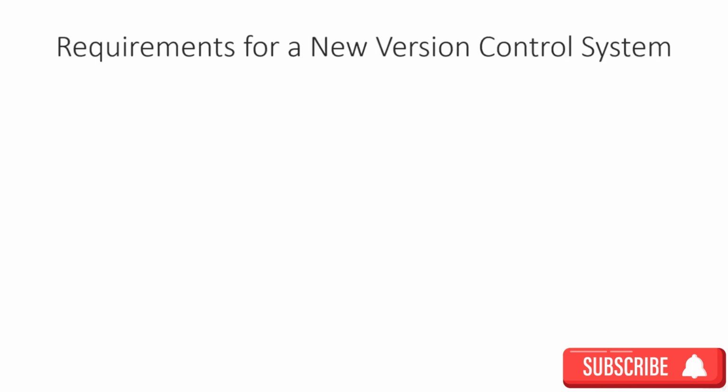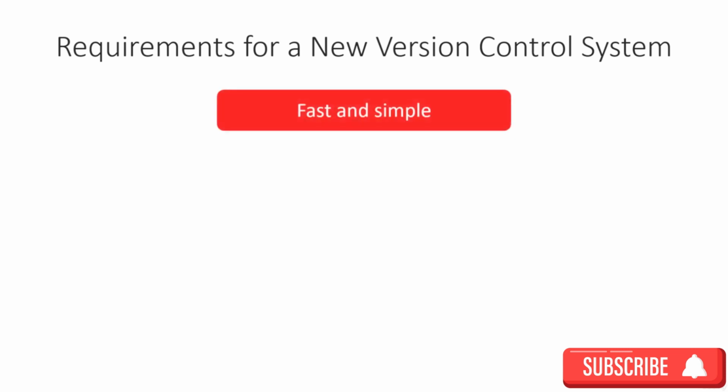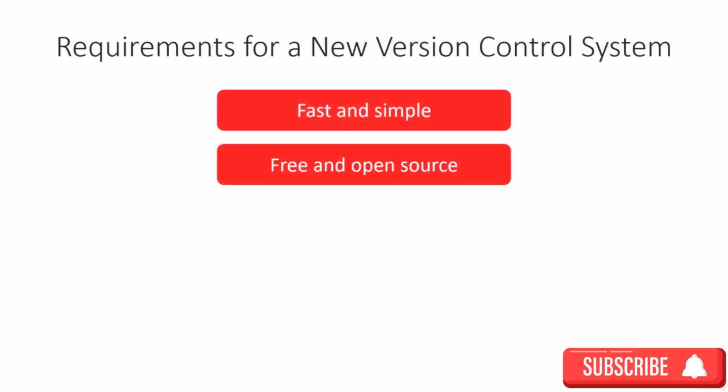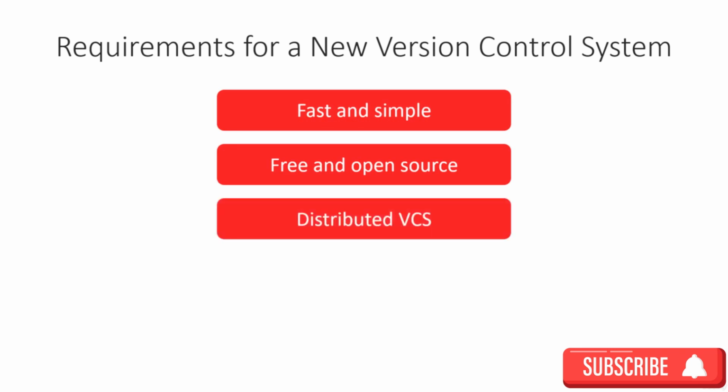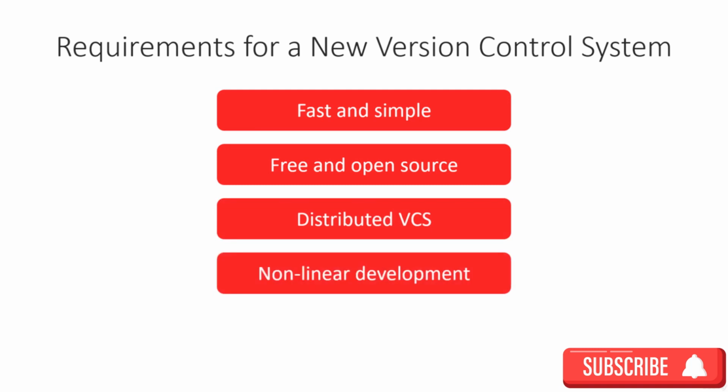And so he and the Linux community came up with some requirements for that new version control system. It should be fast and also simple. It should be free and open source. It should be a distributed version control system, and it should allow strong non-linear development.